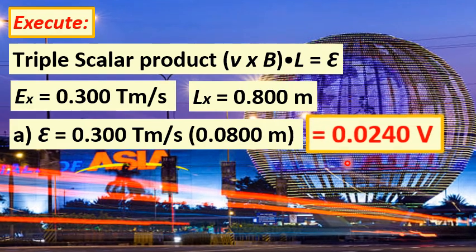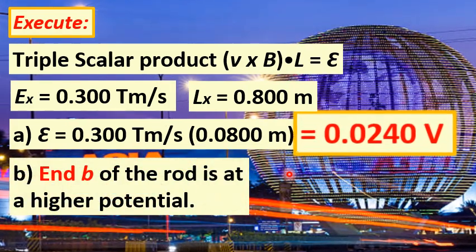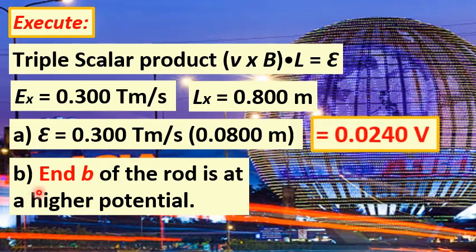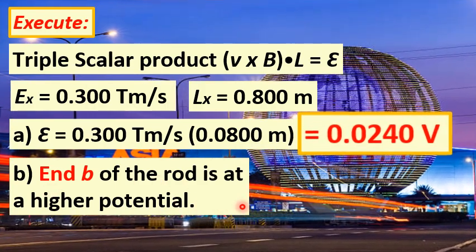And earlier on, we already have the answer to question letter B, where we say that end B of the rod is at a higher potential compared to end A.